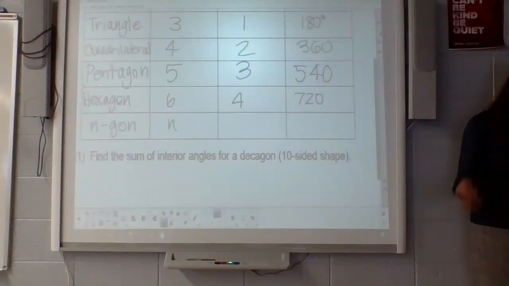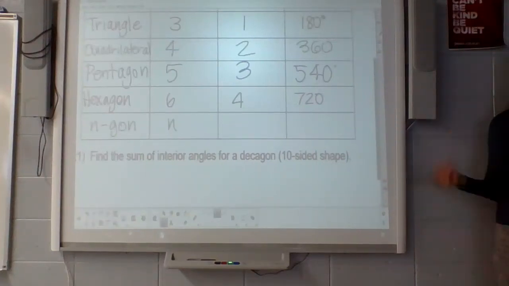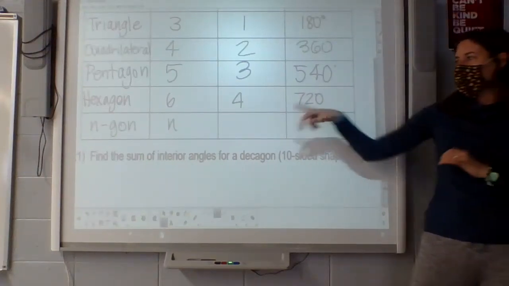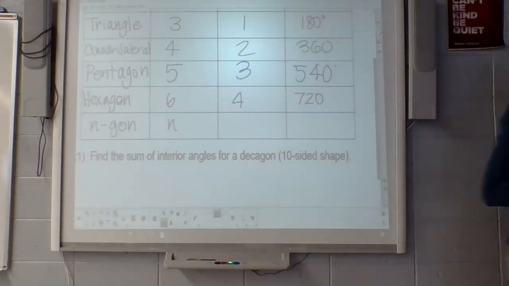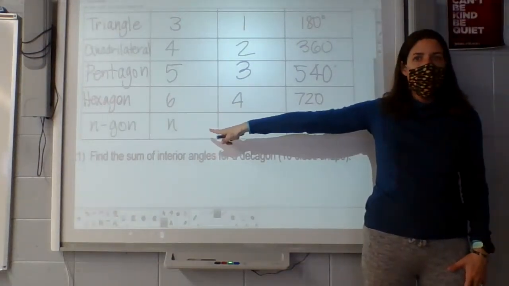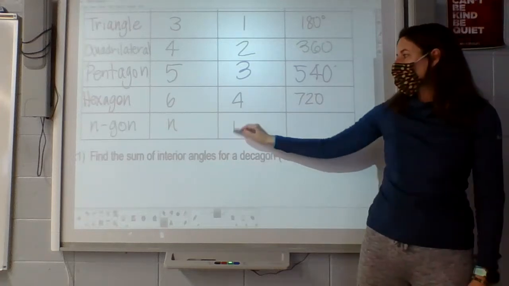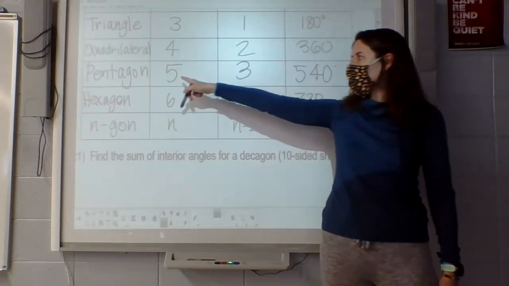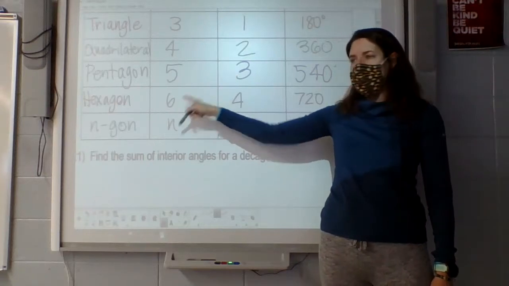So again, if it's 13 or 28, whatever the number of sides, how would I find the number of triangles? How would I get this value from that? You subtract 2. So this would just be n minus 2, because 5 minus 2 is 3, 6 minus 2 is 4.